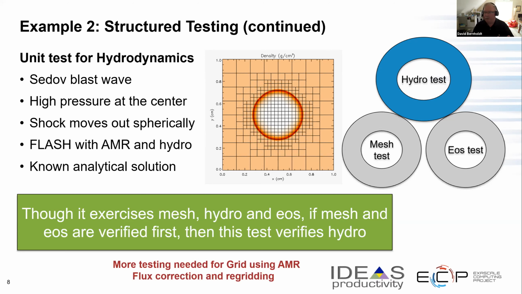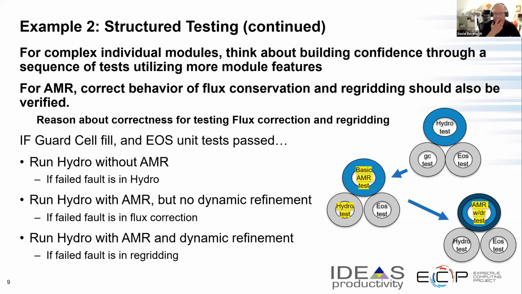So if we're going to do this with an adaptive mesh, as the diagram shows, instead of a simple regular mesh, then we have to get more complicated, right? And so now we want to introduce the AMR module. AMR is a pretty complex operation all on its own.